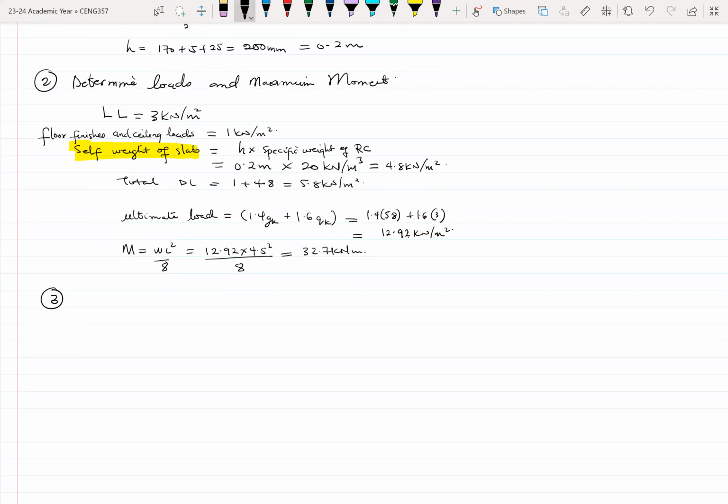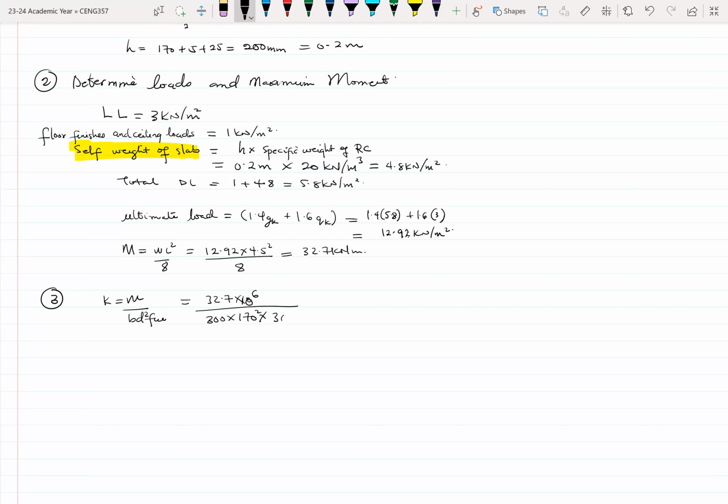All right. So let's do K, which is equal to M over BD squared FCU. So that'll give you 32.7 times 10 exponent 6 divided by B of 300 times a D of 170 squared.